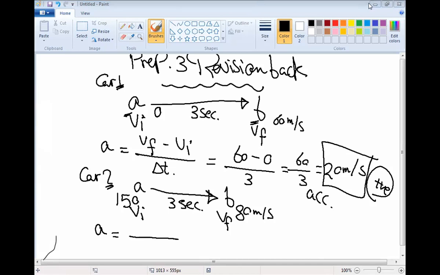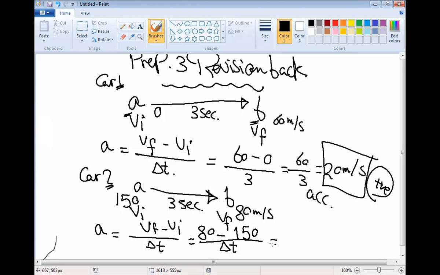Who can calculate the acceleration with me? Okay. V final minus V initial divided by delta T. V final 80 minus V initial 150, divided by delta T. It will be 70 divided by 3.